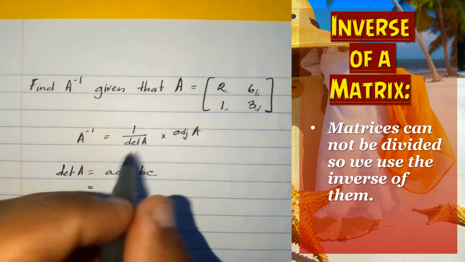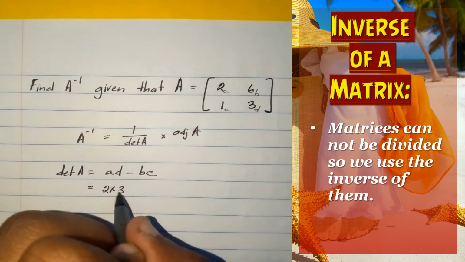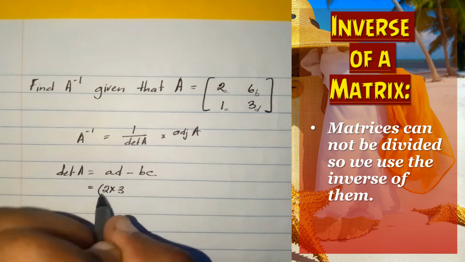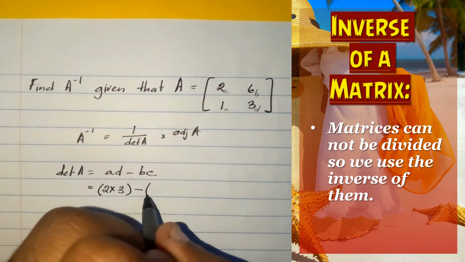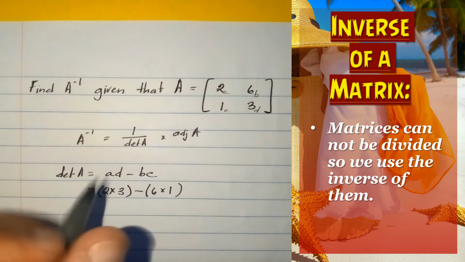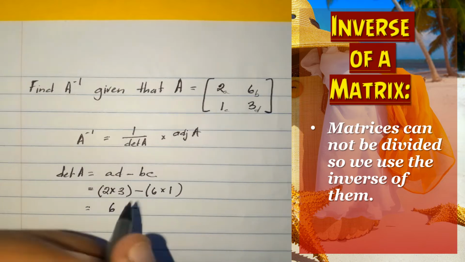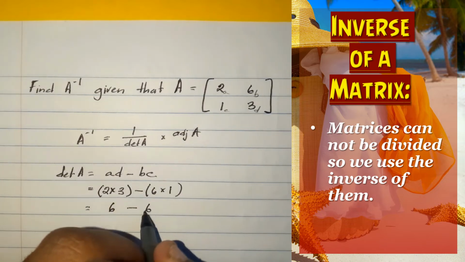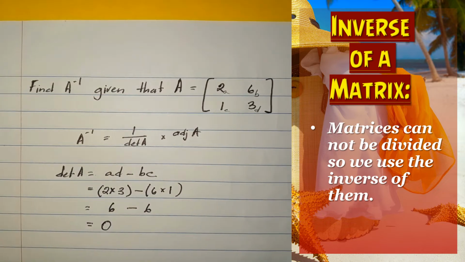A is 2, and I'm multiplying that by D, which is 3. Then I'm going to subtract B, which is 6, and I'm multiplying that by C, which is 1. So 2 times 3 is 6, minus 6 times 1, which is 6. The determinant is 0.